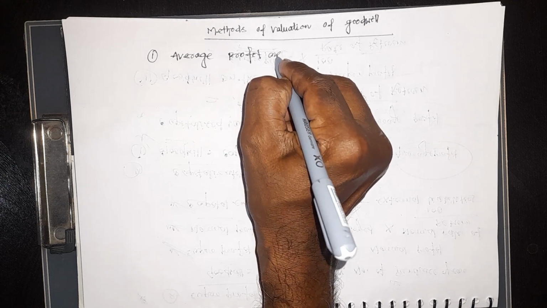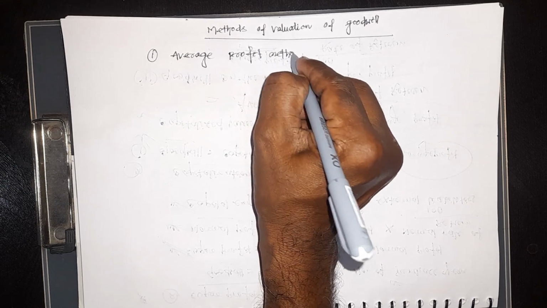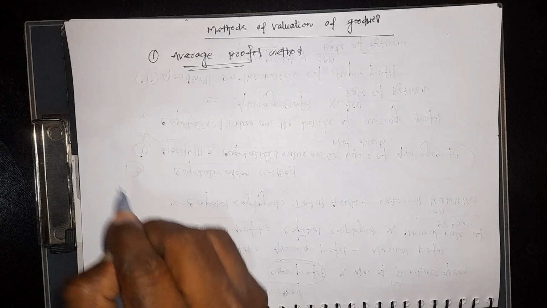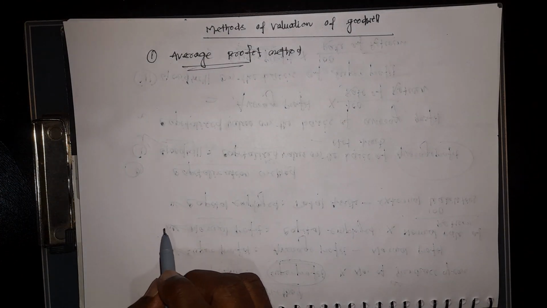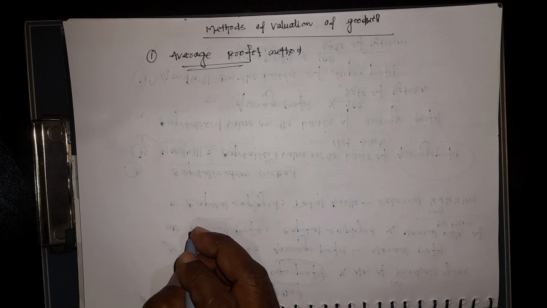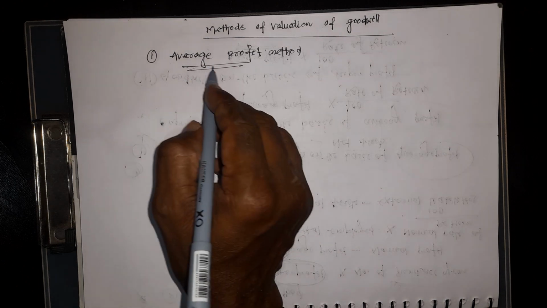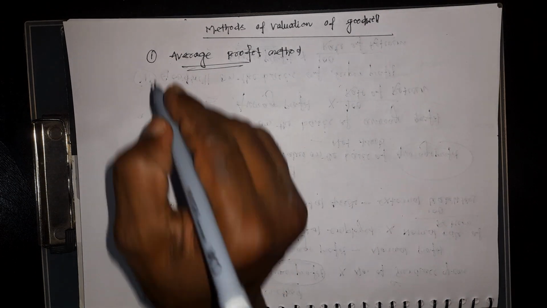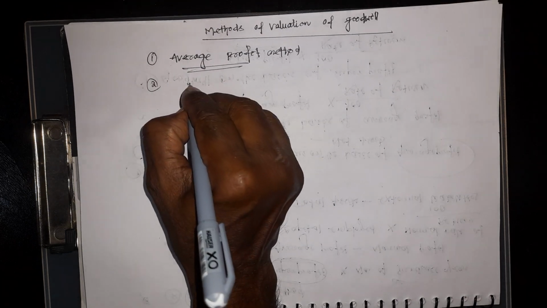Clear? First, let me explain the average profit. Average profit means how we will calculate the average profit. If a number of years is given, first of all we will calculate the total profit and it will be divided by the number of years. So that is the average profit method. Another is the super profit method.